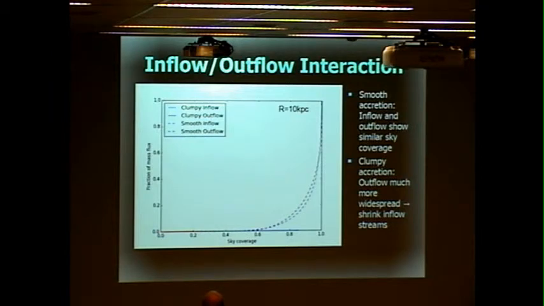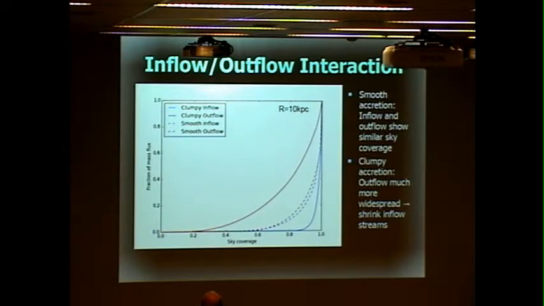So how much of the sky do you need to encompass any given fraction of the total inflowing and outflowing gas? In the case of the smooth accretion model, the inflow and outflow are relatively comparable to each other. If you compare that to the clumpy accretion model, there's a lot more distribution of the outflowing gas, and the inflowing gas is all being compressed into a very small volume.